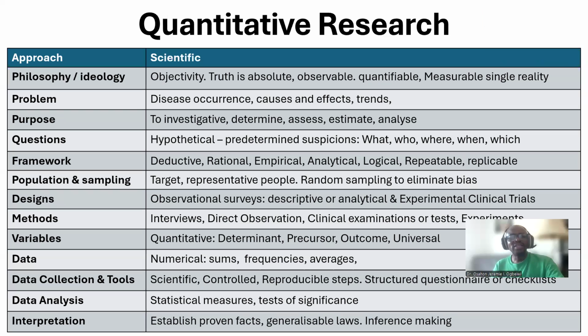Okay, so therefore, quantitative research is actually deductive because we go from what is predetermined to find out something that is actually unknown, so that you can then make proposals.